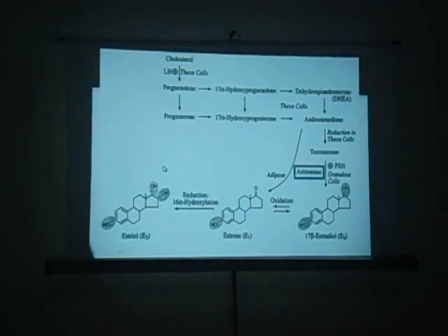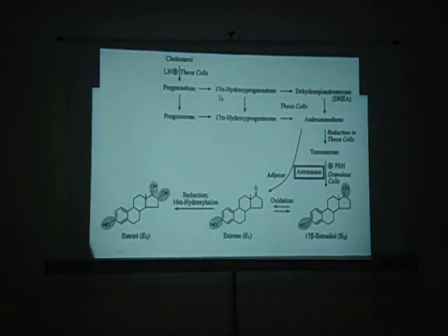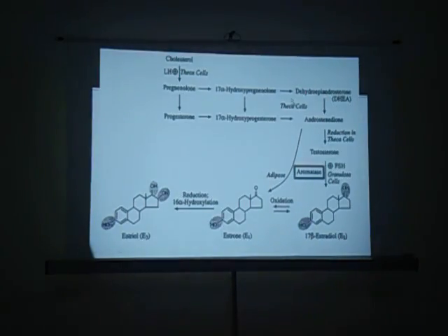So normally you can see the normal pathway which we started with, like in estrogen synthesis. The primary molecule is cholesterol, then pregnenolone, 17-hydroxypregnenolone, DHEA, dehydroepiandrosterone. You might have seen this in some other preparations.